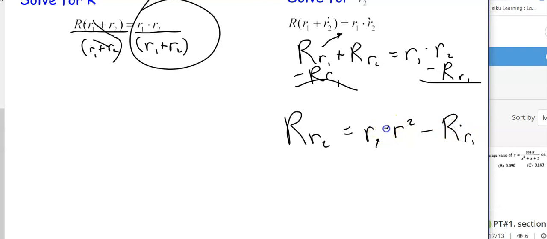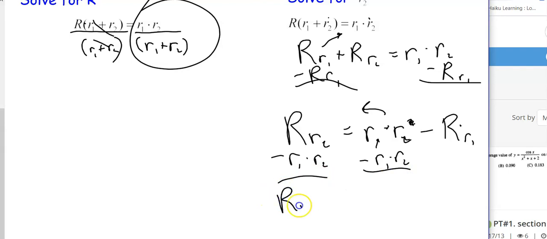This is a times here, so I'm going to maybe get this term over to the other side by subtracting it. This is R sub 2, not squared. So I'm going to subtract R1 times R2. So you get R, wow, we're almost there. R times R2 minus R1 times R2 equals negative R times R1.